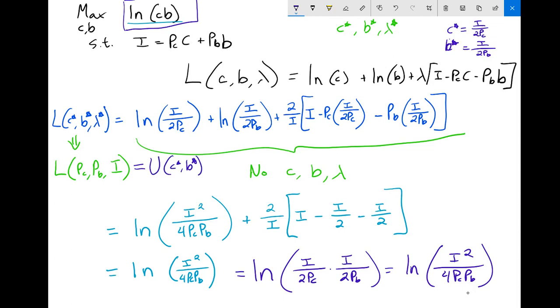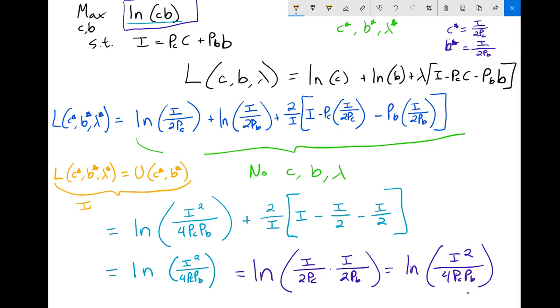All right, I alluded to this before, but now I've just shown it to you, I've proven it to you, and you'll have an opportunity to do that as well on the homework. But just to reiterate, I'll rewrite it. If you plug the optimal values back into the Lagrange function, that's going to give you the exact same thing as you plug them back into just the utility function. And so therefore these two things are equivalent, and they are the indirect utility function.